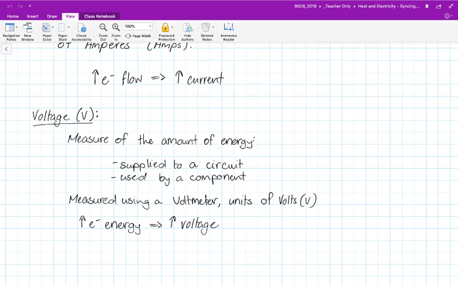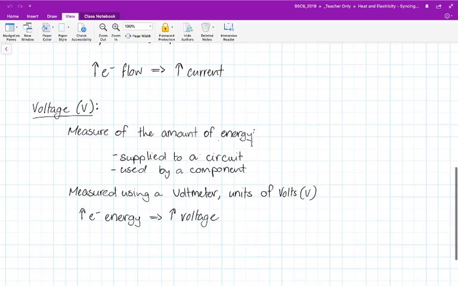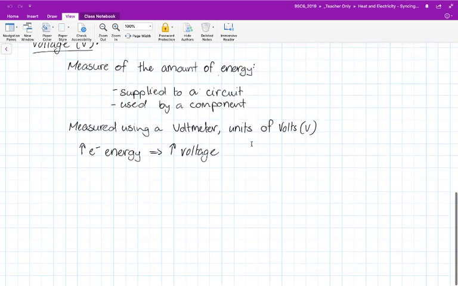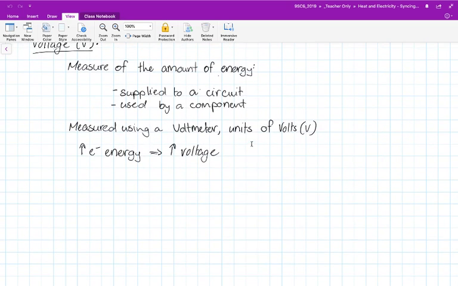Similarly to voltage, we discussed previously what's known as potential difference. Potential difference is the measure of how much energy is being transformed or used over a given component. You might remember I said potential difference is delta V because it's a change in V. That triangle means change in.